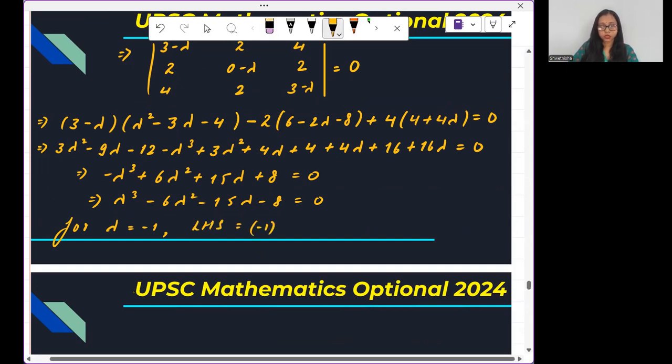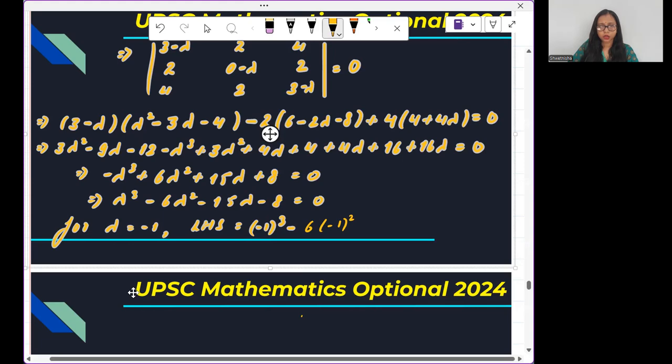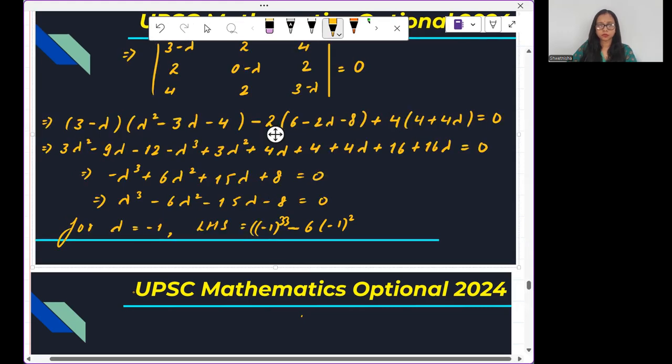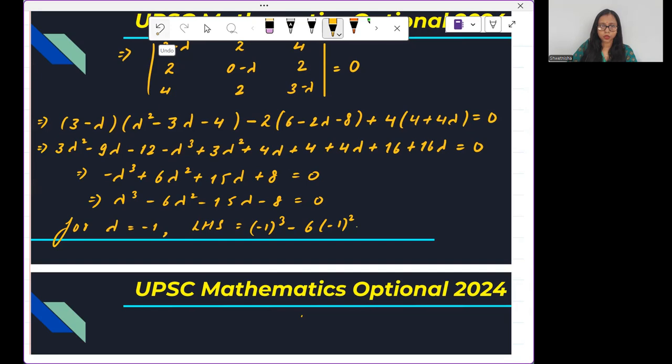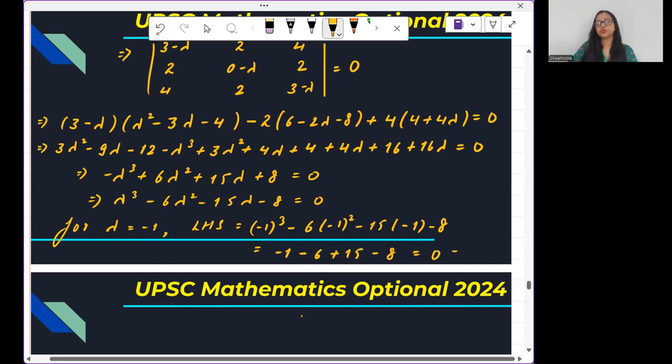is equal to (minus 1) cubed minus 6 times (minus 1) squared minus 15 times minus 1 minus 8, which is equal to minus 1 minus 6 plus 15 minus 8, that is equal to 0, which equals the right hand side.